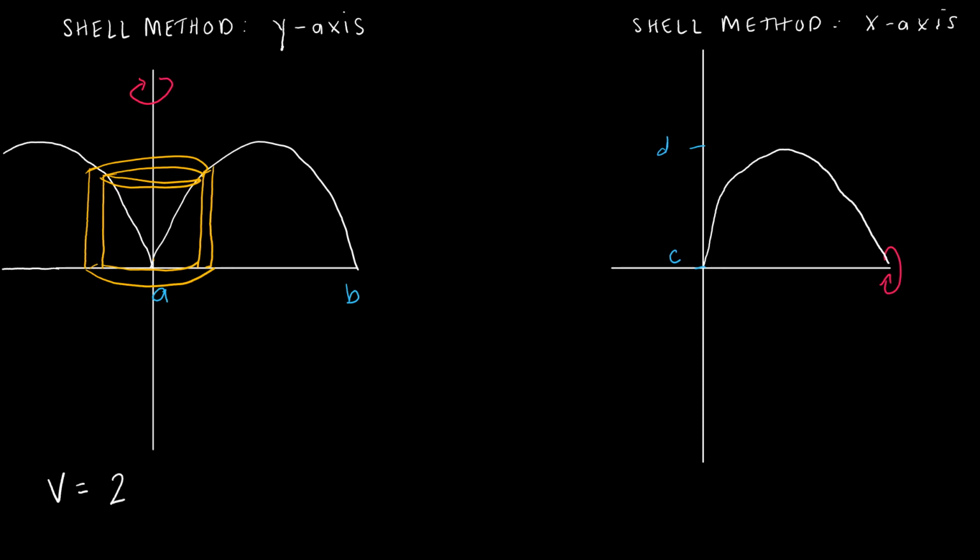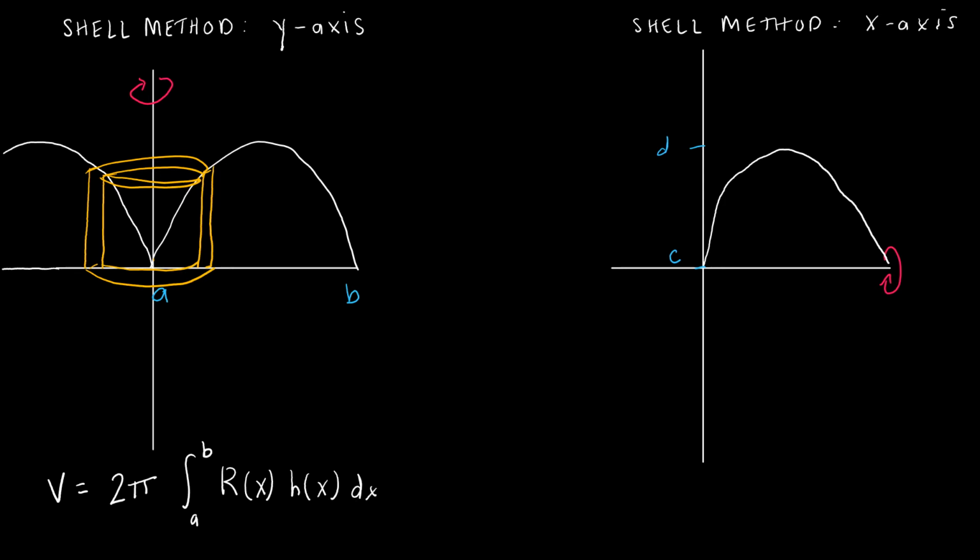That would explain why there's a 2 pi instead of just pi. So my formula here is 2 pi, integrating from a to b, of the radius with respect to x, times the height with respect to x, dx.